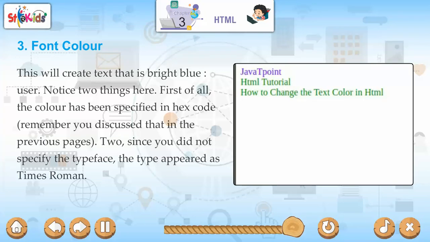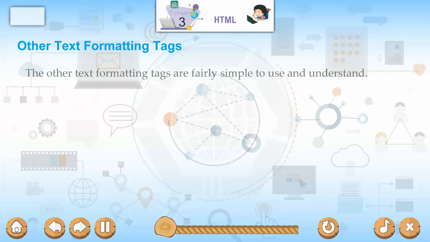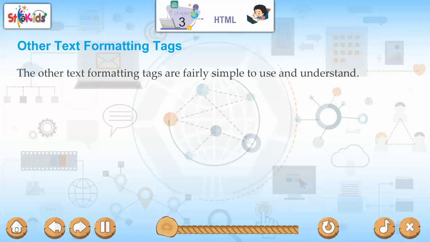Notice two things here. First of all, the color has been specified in hex code. Remember you discussed that in the previous pages? Second, since you did not specify the typeface, the type appeared as Times Roman. Other text formatting tags. The other text formatting tags are fairly simple to use and understand.